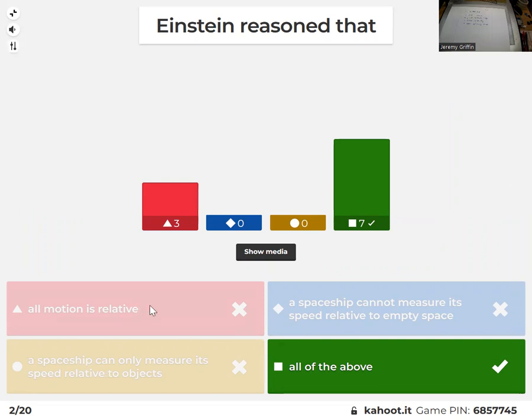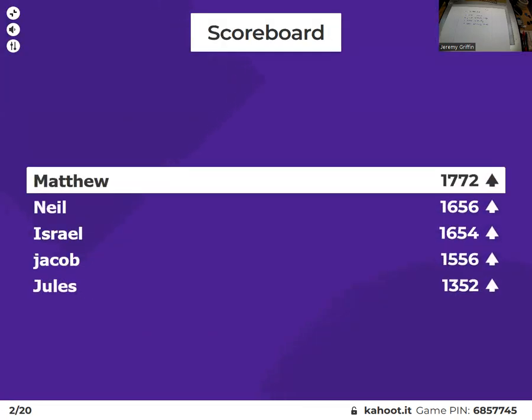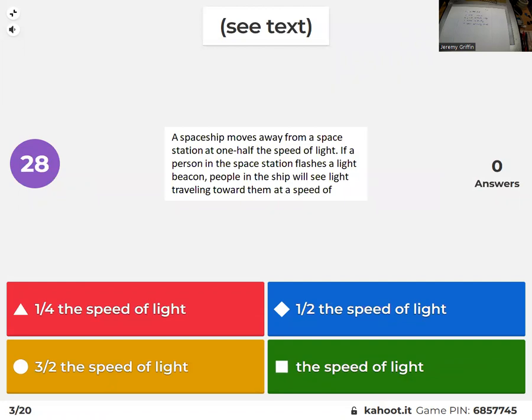Right, so all motion is relative, and how fast is something moving? Well, you can only measure speeds or velocities relative to other objects, right? There's no such thing as a speed relative to like the center of the universe. There is no such thing. A spaceship moves away from a station at half the speed of light.